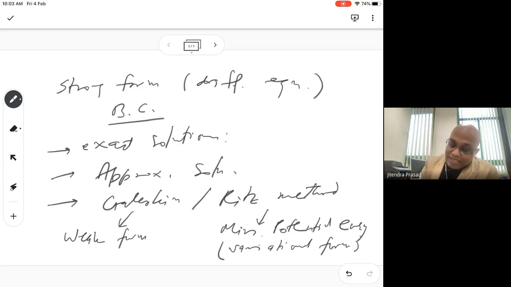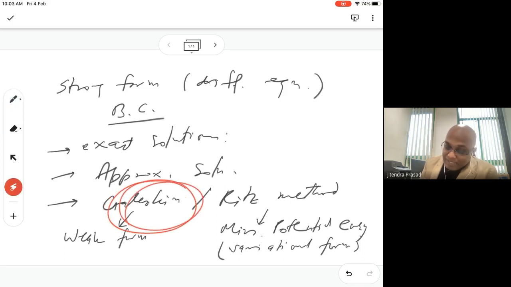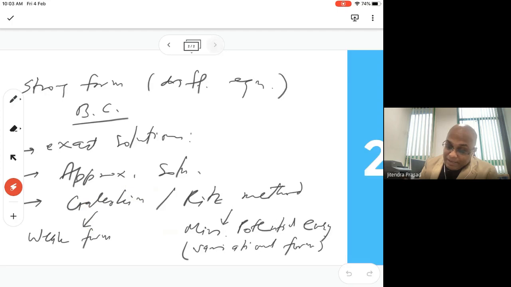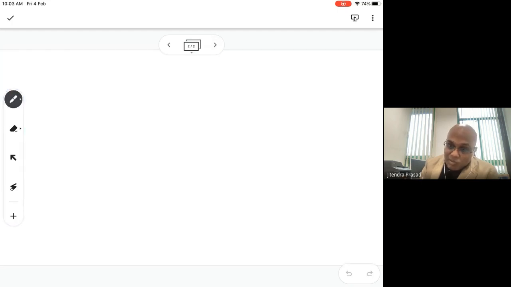In all of these, our requirement is, if you see here, in the Galerkin method, you have this kind of thing coming into the picture: some dw over dx, du over dx, and there will be some constant.